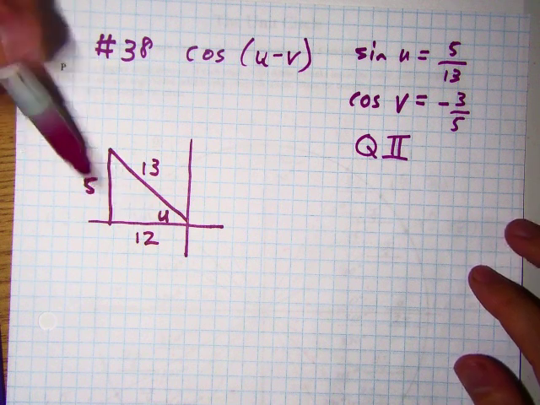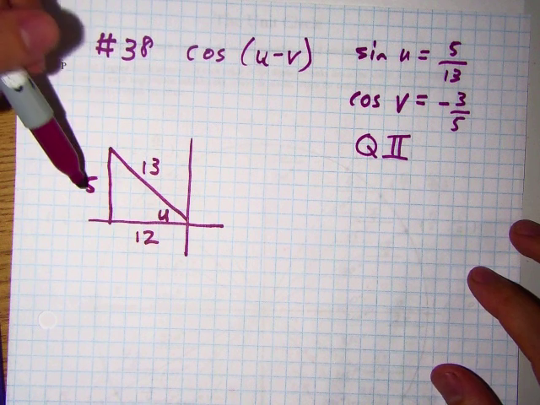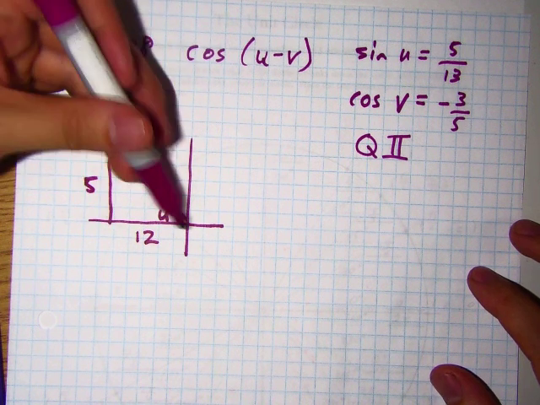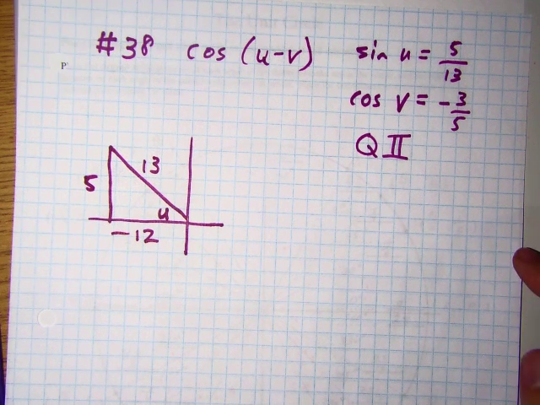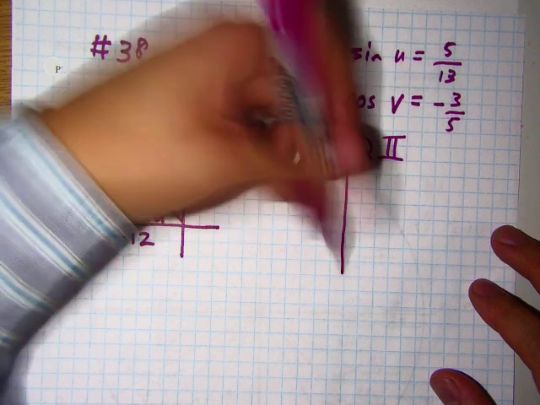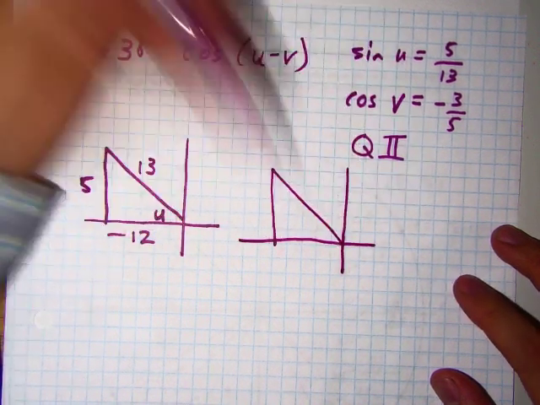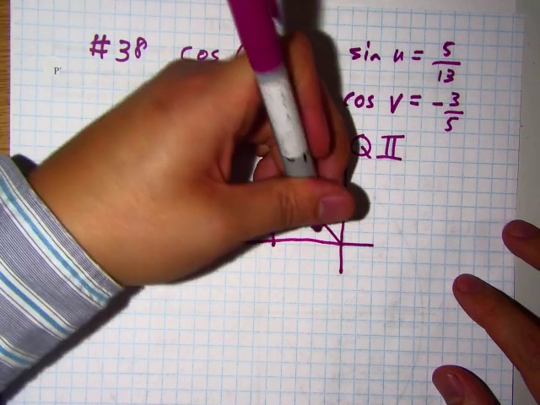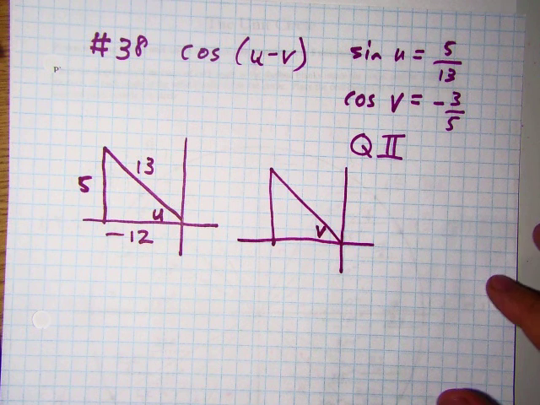Okay, let's make sure that these are the correct positive and negatives. This is going up, so that's positive in the y direction, but this is going negative in the x direction. Let's draw a triangle now for v too. Again, it's going to look like quadrant 2. We have cosine of v, so we have v this time. Cosine of v is negative 3 over 5.